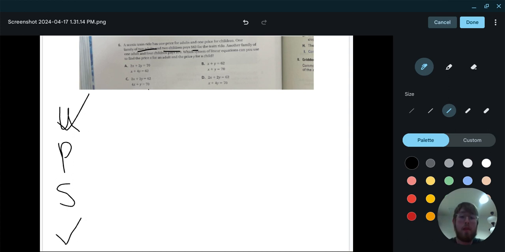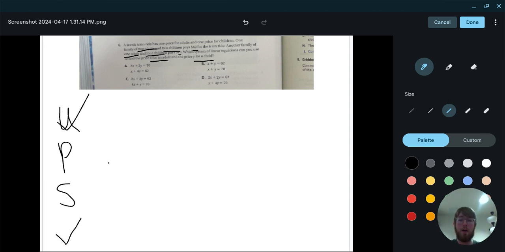Another family of 1 adult and 4 children pays $70. And again, that reads like it could be our second equation. Which system of linear equations can you use to find the price x for an adult and the price y for a child? And the problem gives us our variables, so that's also important to keep note of.